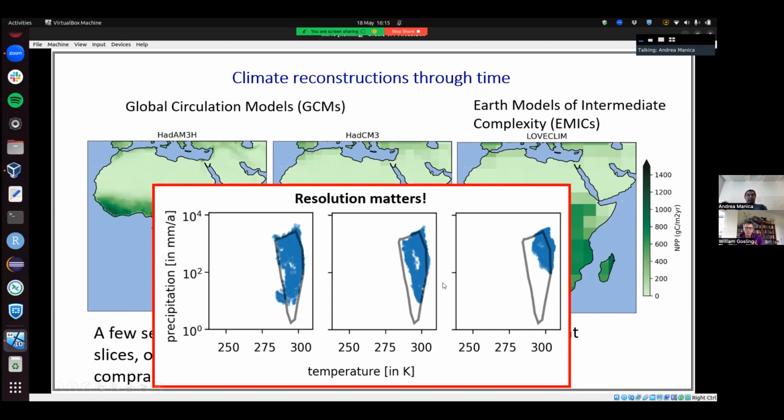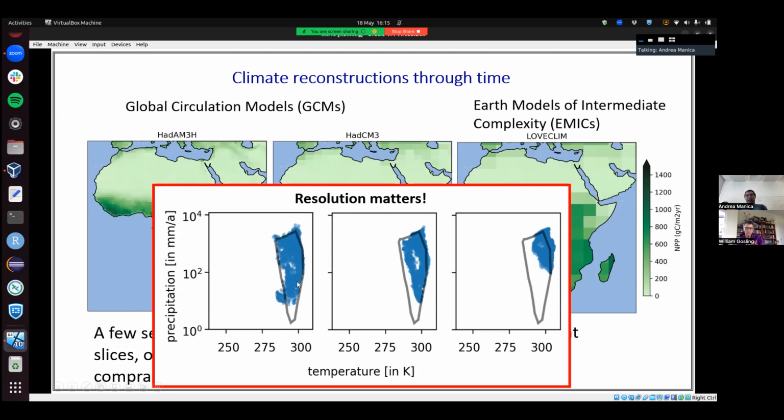What we have here is modern Africa, with temperatures and precipitation. For each cell in the continent, you have its mean temperature and its total precipitation over the year. And that contour in gray is the real climatology that you have for Africa.